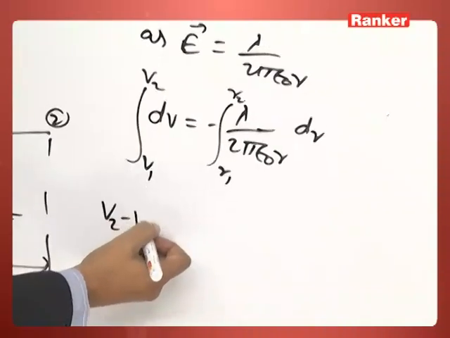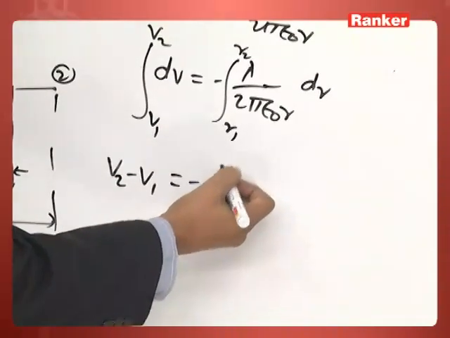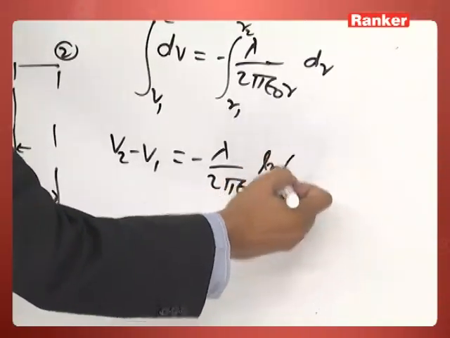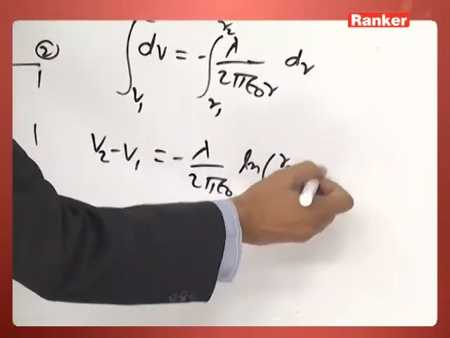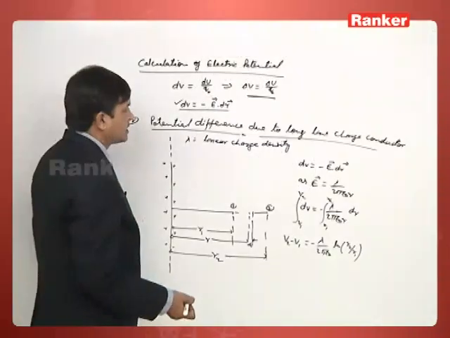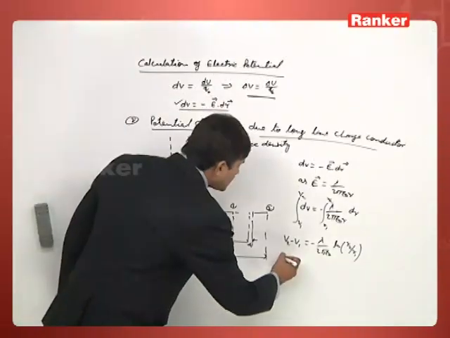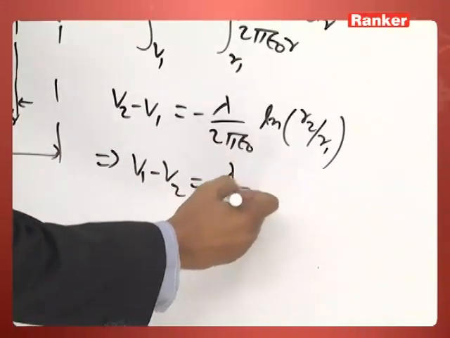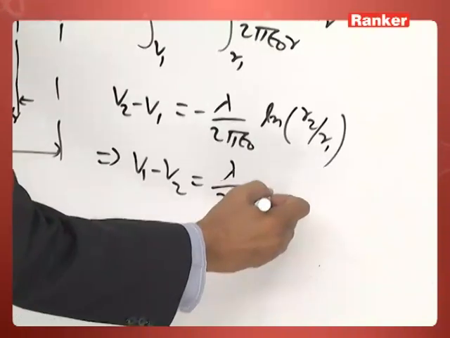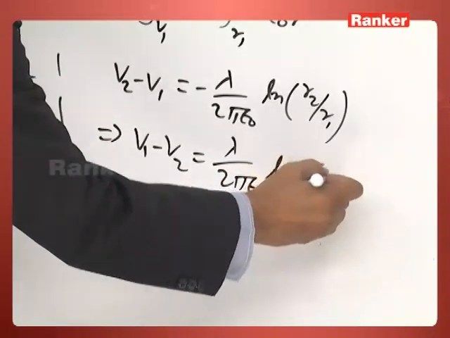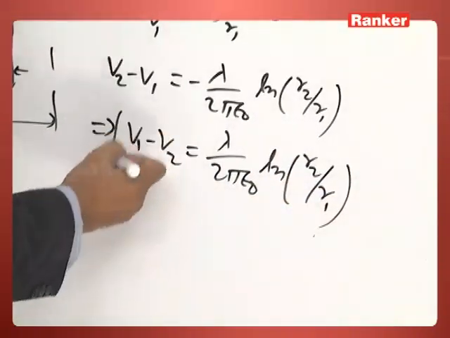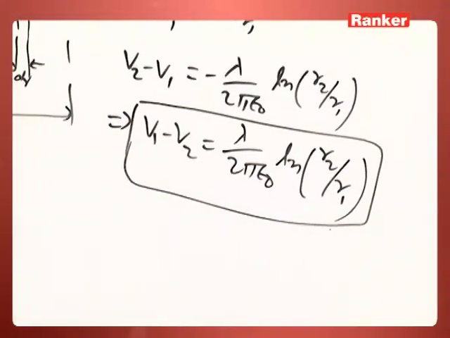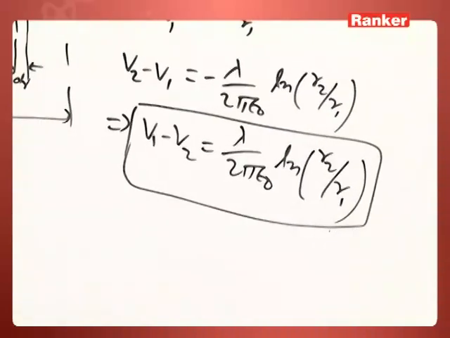So V2 minus V1 is minus lambda by 2 pi epsilon naught ln R2 by R1, or V1 minus V2 is lambda by 2 pi epsilon naught ln R2 by R1. This is the potential difference due to a long line charge conductor.